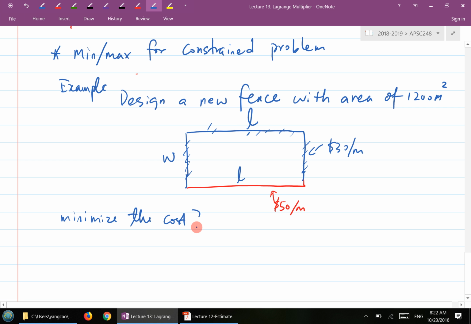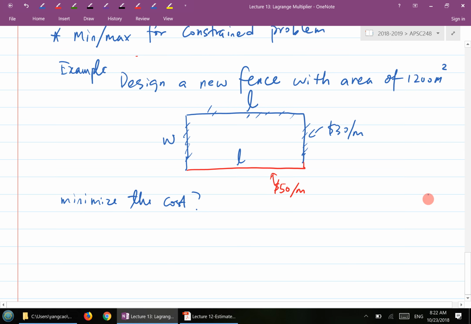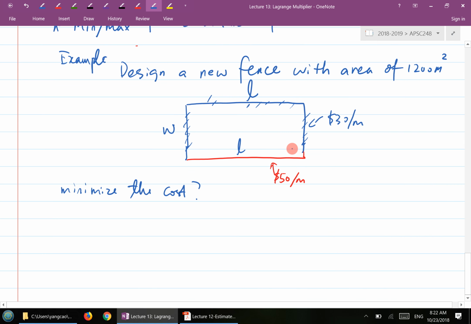If you're a builder or a contractor and you want to maximize your profits, then you have to minimize the cost, right? So let's take a look at this question. Basically, what will be the appropriate L and W values such that you can minimize the cost? But your area has to be kept at 1,200 square meters.